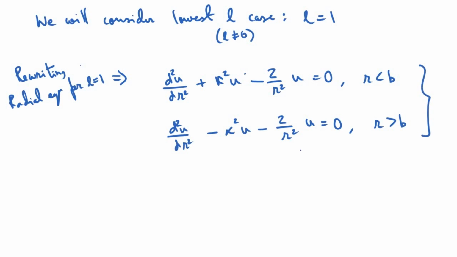Now you see, only these two terms are extra compared to the previous case. Note that now kappa and alpha correspond to the binding energy of the lowest P state.